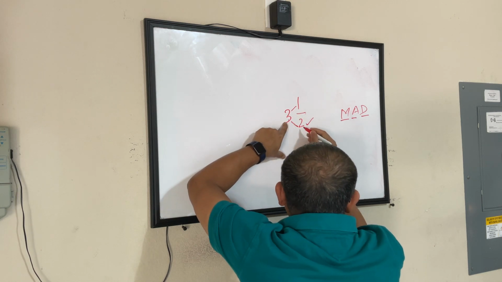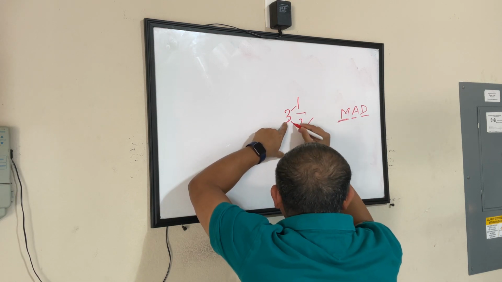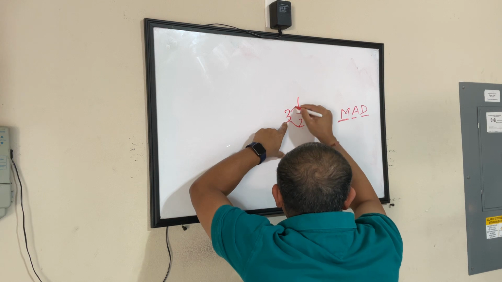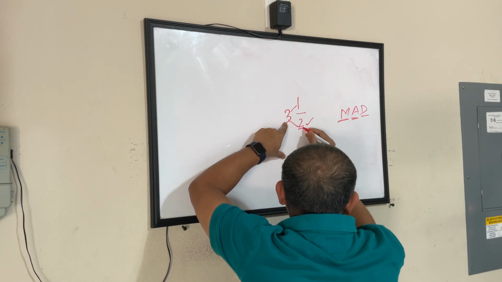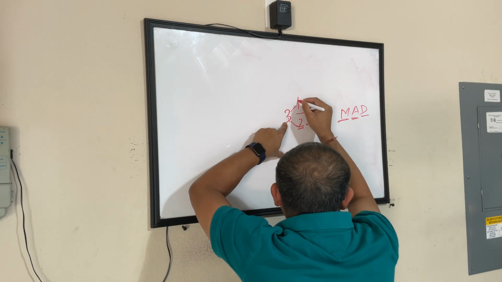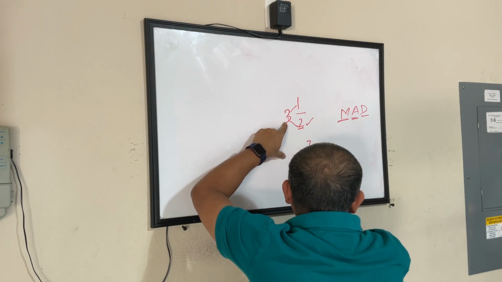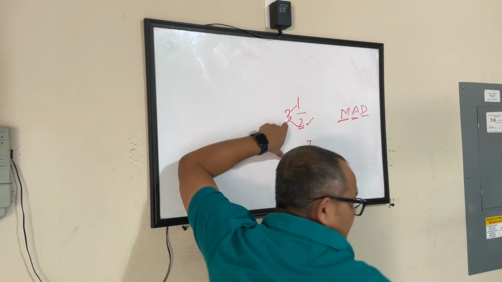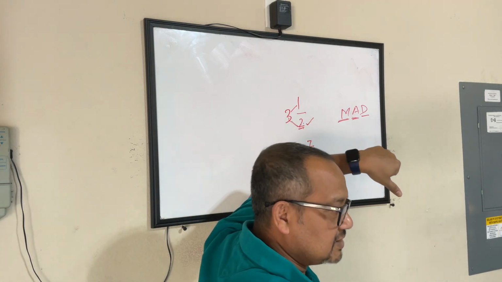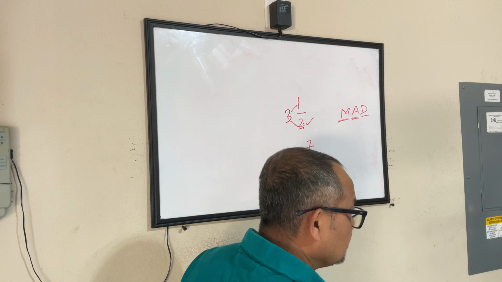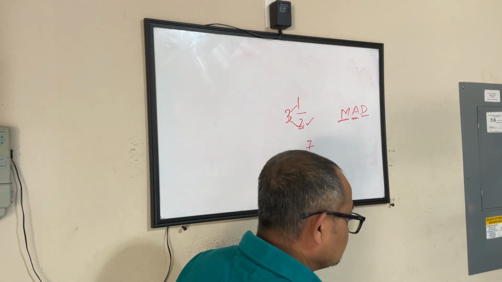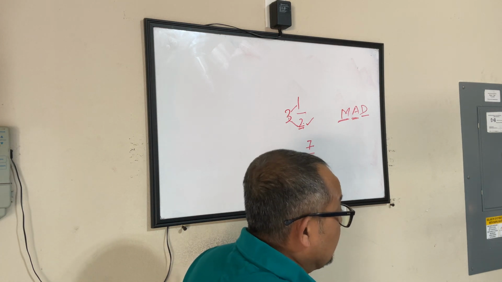This is multiplication, the M of MAD. Then you add, the A of MAD, 6 plus 1 is 7, and then put the denominator. Clear?